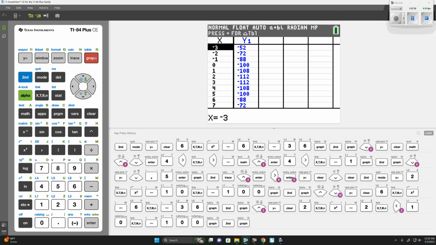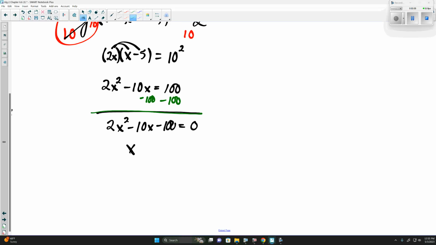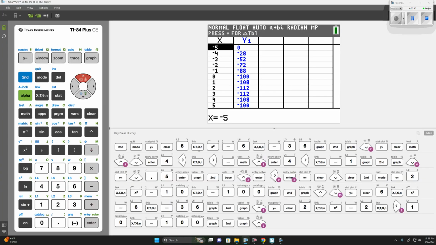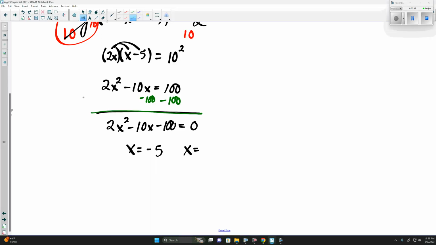And if we look at the table, one of the locations is negative 5, so it's telling us that x is indeed equal to negative 5. So these are our 2 solutions.